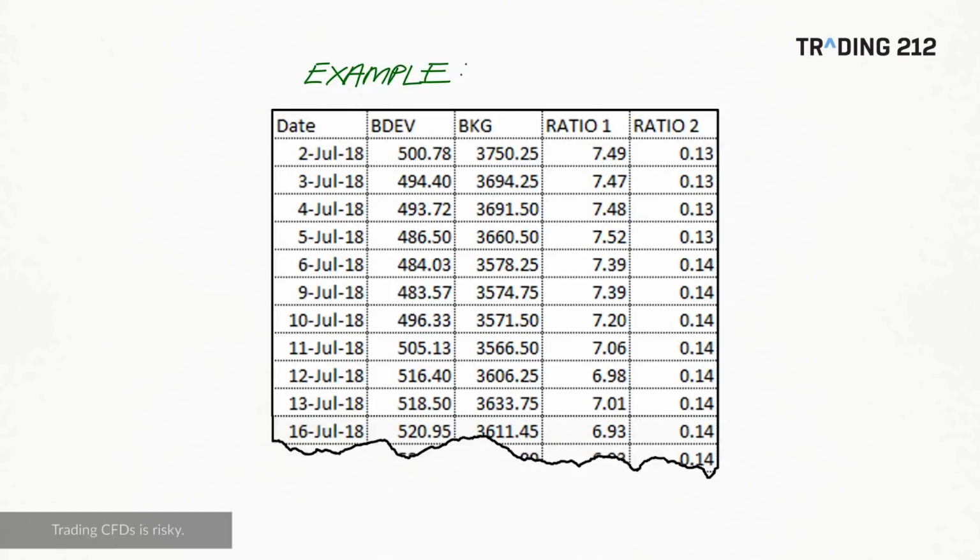For this example of using Barratt Developments and Berkeley Group, I looked at share price data for them both going back 1 year. Now there's nothing special about that time value. I just chose it because it was a fairly long time and readily available. Obviously, the further you go back, the more comprehensive your historical perspective on the price relationship is going to be. So this is just some of the early data in my data set.